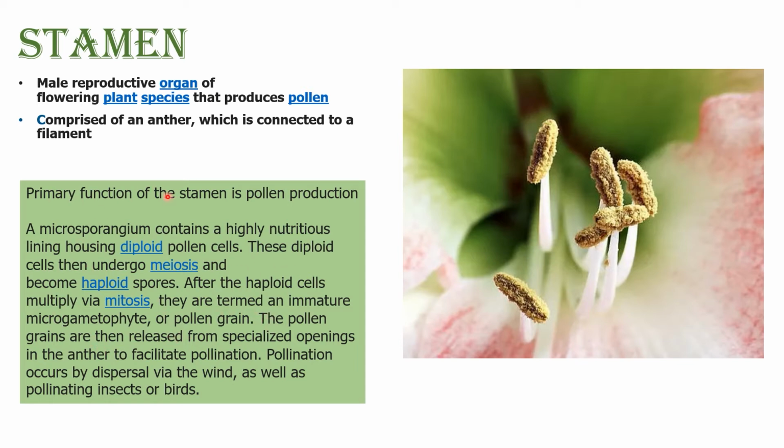After they undergo this process, we call it a microgametophyte. Before that, we call it a microsporangium. These pollen grains are then released and dispersed via wind, or pollinating insects or birds, which can transfer them onto the stigma.